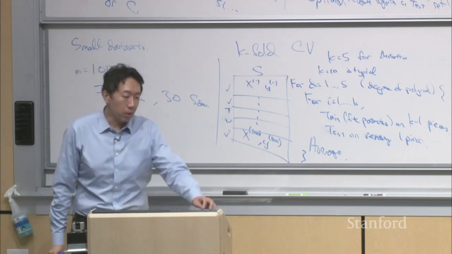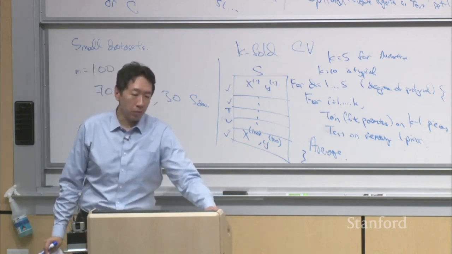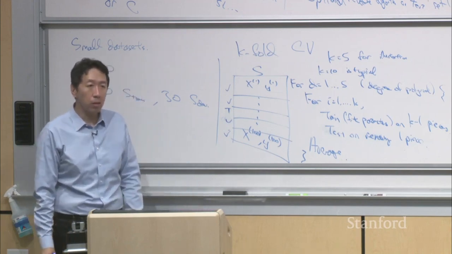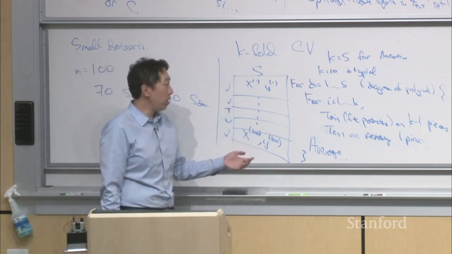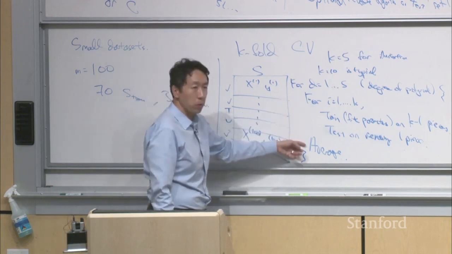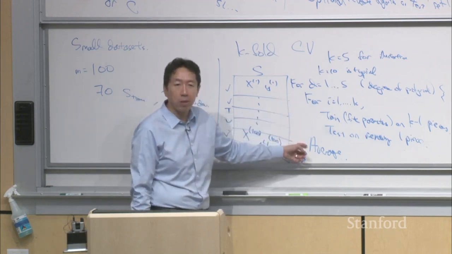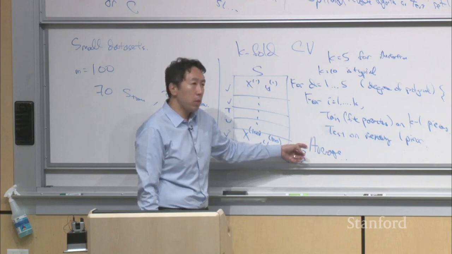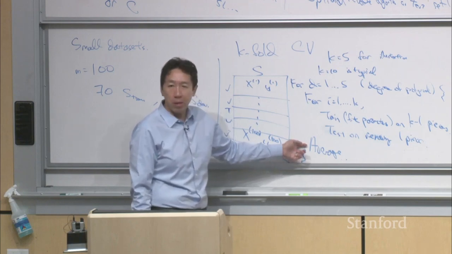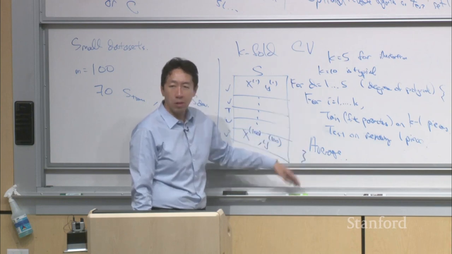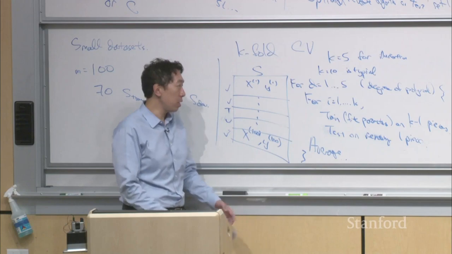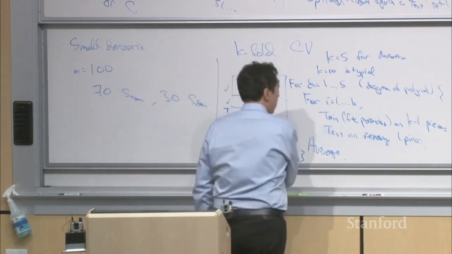And for each of these models, you then average the 5 estimates you have for this error, okay? After doing this for every order polynomial from 1, 2, 3, 4, 5, you would then pick the degree of polynomial that did best according to this metric, right? And then maybe you find that the second order polynomial does best.